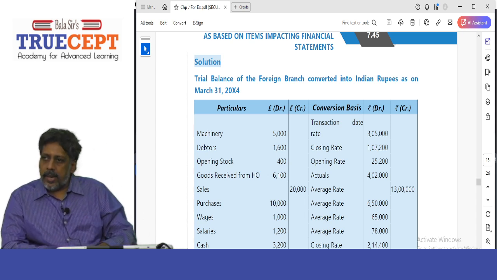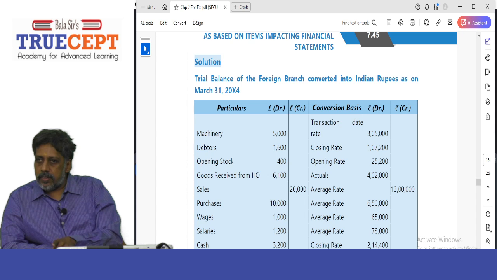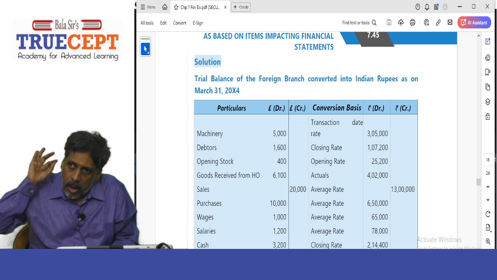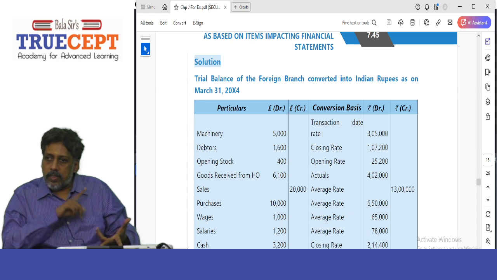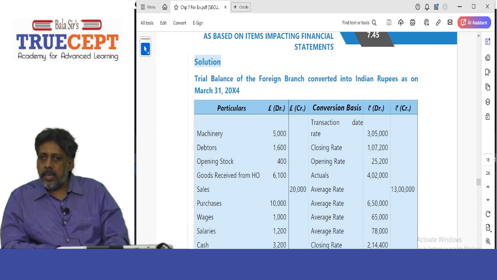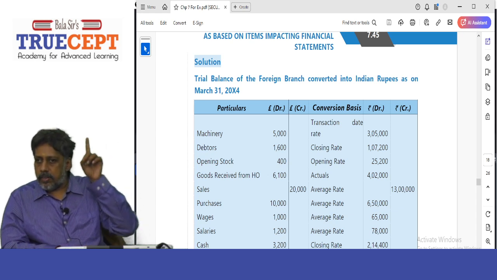What about items of income and expense? Sales, purchases, wages and salaries are all translated at an average rate, because sales are made through the year, wages and salaries are paid through the year, and purchases, if any, are made by the branch through the year.